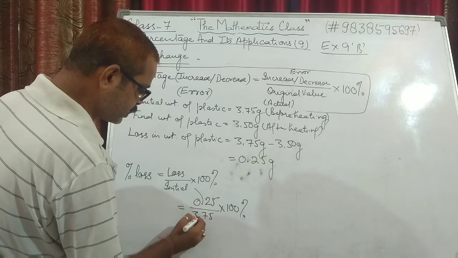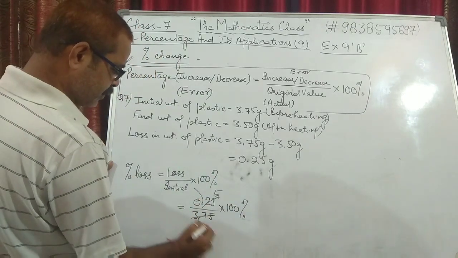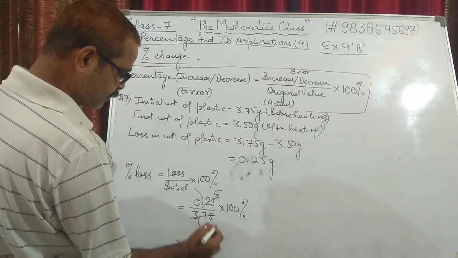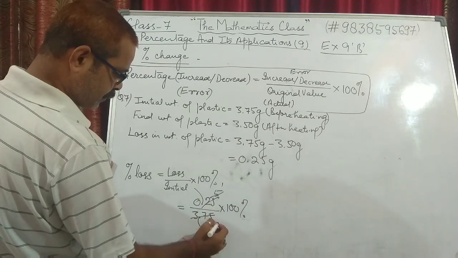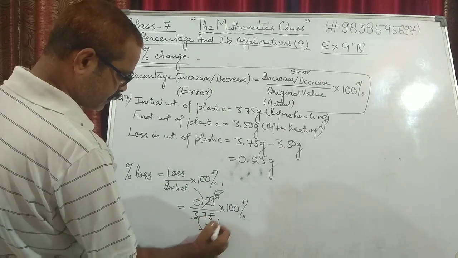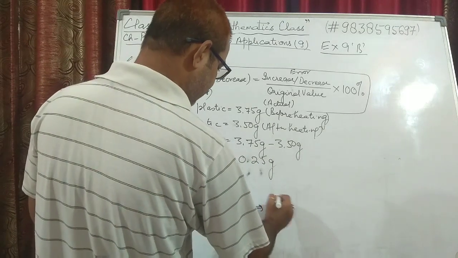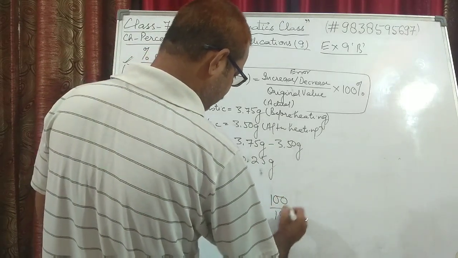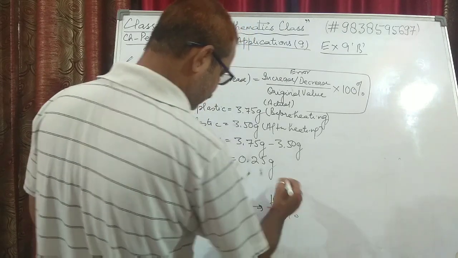Now the decimals are removed. 5 5s are 25, 5 7s are 35, 25, 5 5s are 25, 5 1s are 5. So it became 100 upon 15 percent. This can be divided by 5: 5 3s are 15, 5 4s are 20.